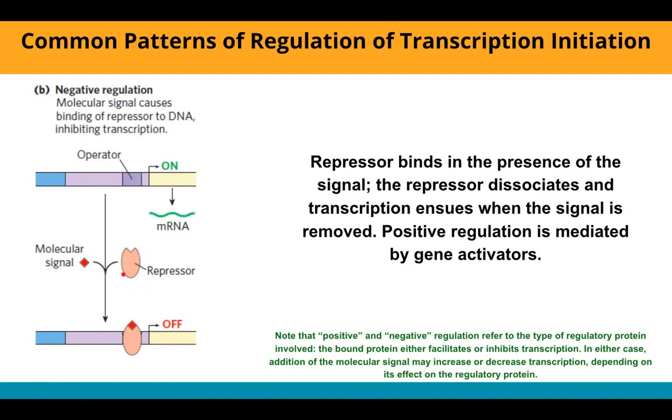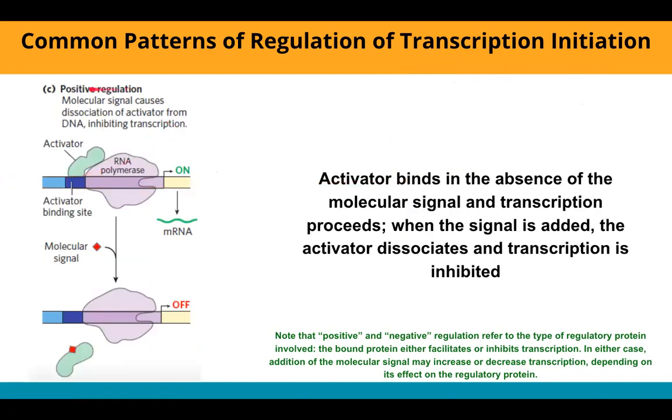If the protein that is involved is a repressor, that pattern is a negative regulation. For this positive regulation, we say that it is positive because the protein involved is an activator.